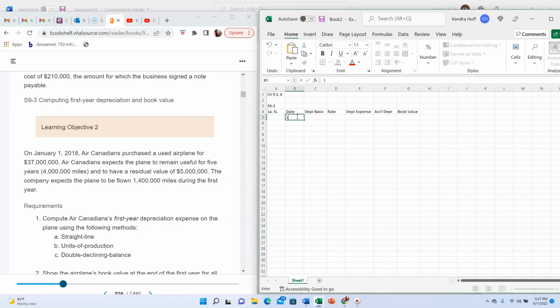Okay, so they bought the plane on January 1st of 2018. Then you just carry the whole entire cost all the way across, $37 million. Let me make these all dollars.